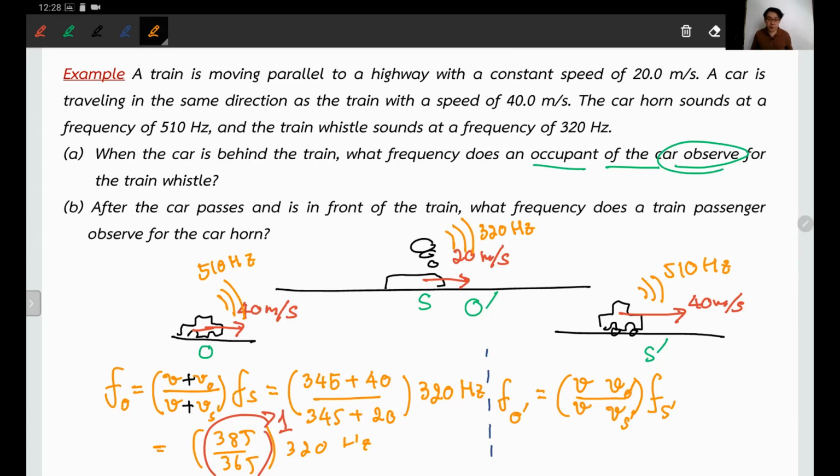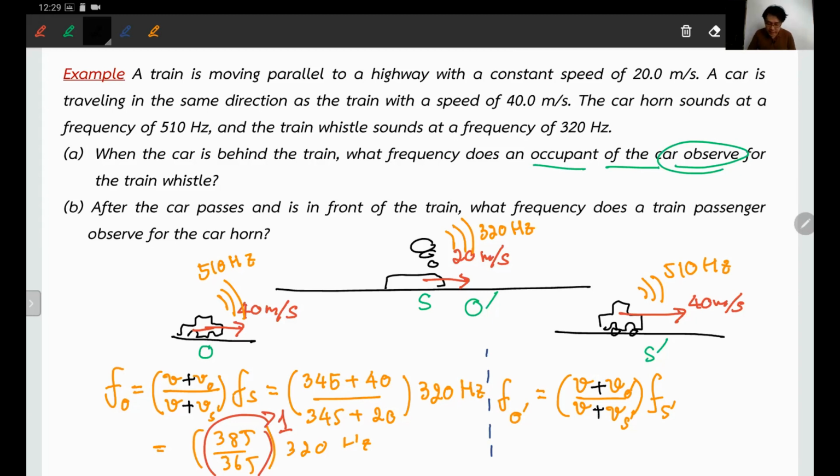Now what should be the sign, guys? In this case, the observer is approaching the source and the source is running away. So actually, it's exactly the same as the first case, right? That's fine. The observer running toward the source, you pick the positive sign on top. The source running away from the observer, you pick the positive sign in the bottom. Cool.